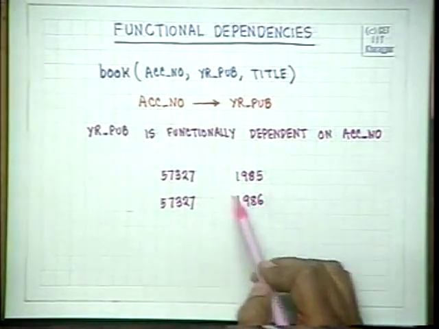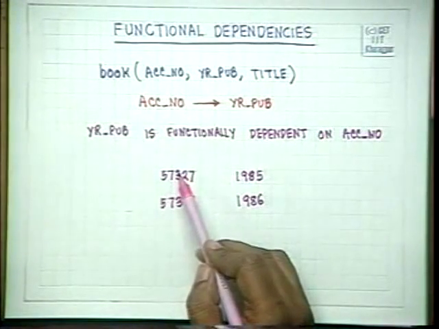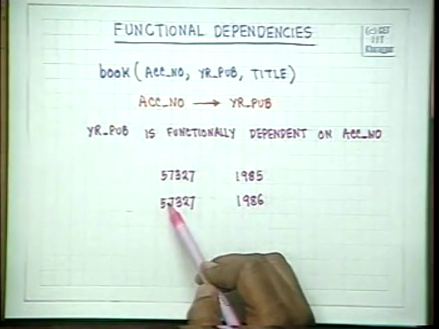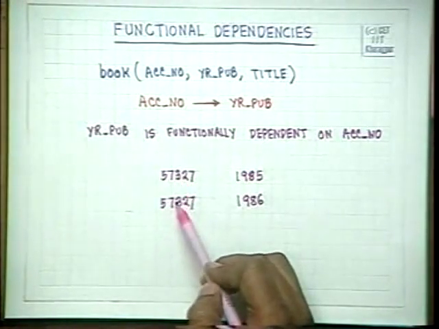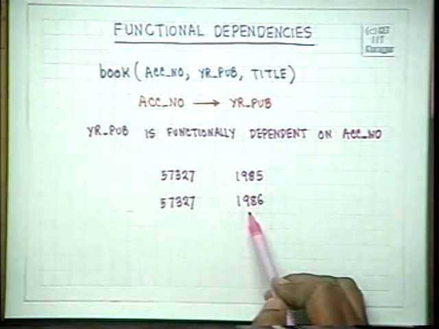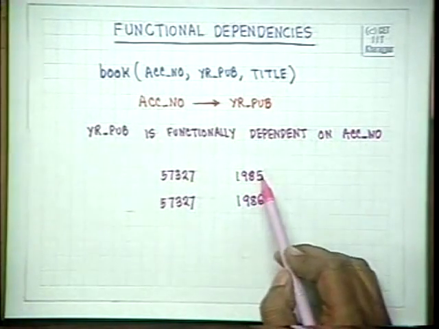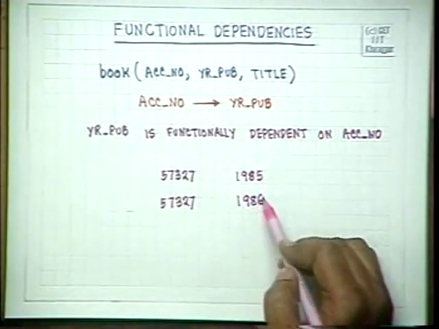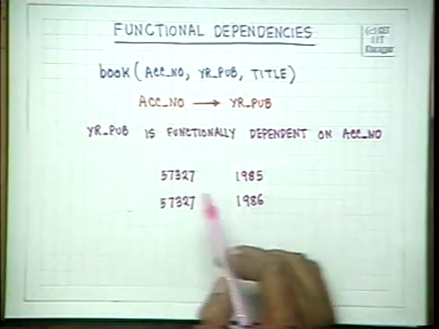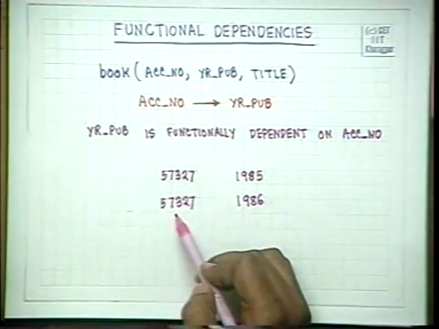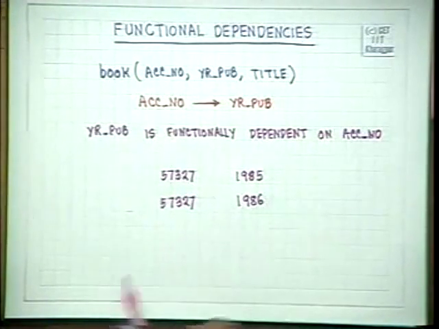If they have different values here, they cannot have the same values there. So, if two tuples have the same accession number, they must have the same year of publication. And if they have different values here, they cannot have the same value here. That is the meaning of this.